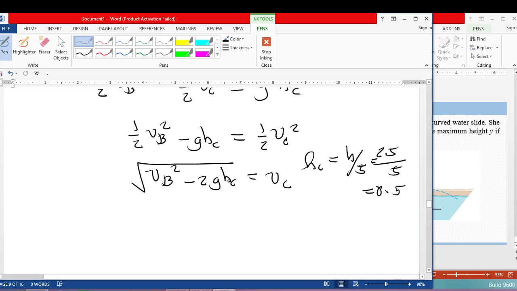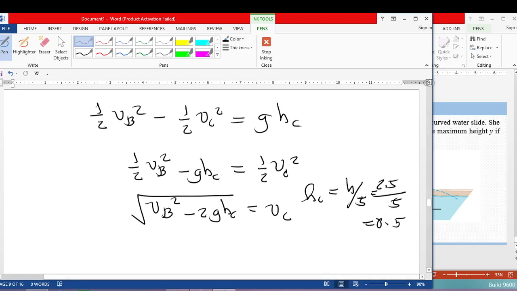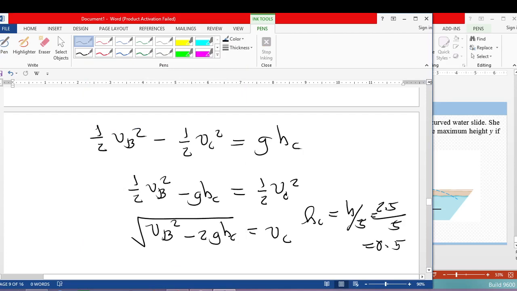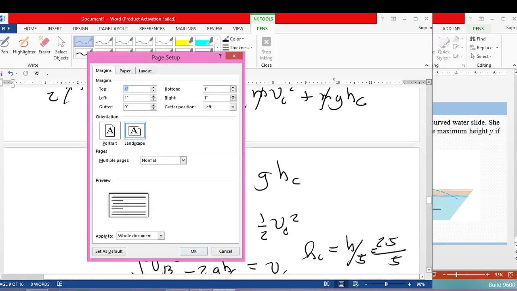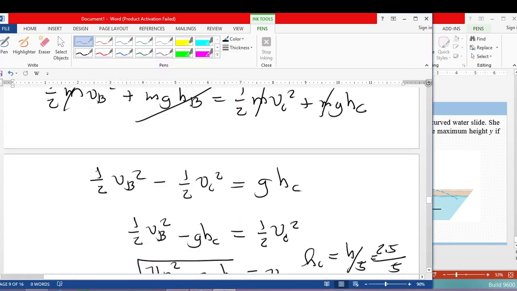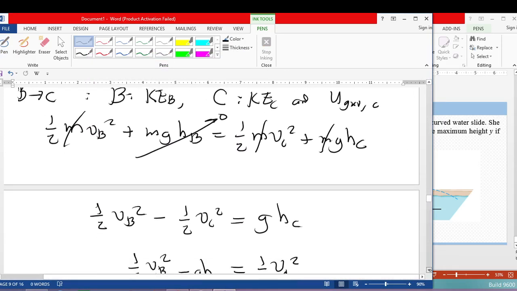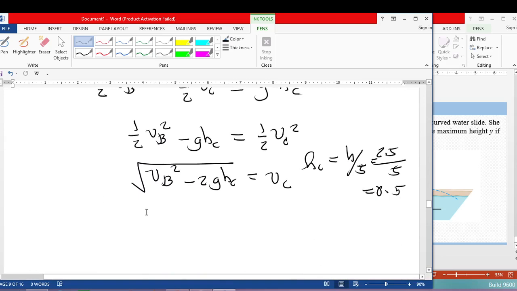Now our vB, the velocity at point B, is equal to 7 meters per second. So we have 7 squared minus 2 times 9.8 times 0.5.